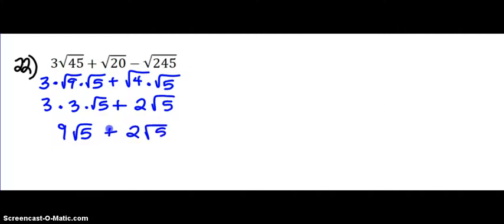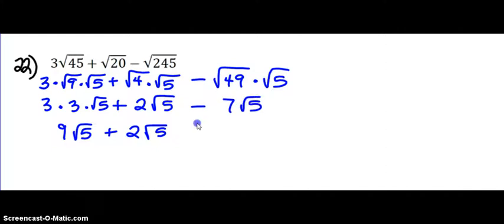So notice how we have now simplified these two terms so that they have a radicand of root 5. And finally, root 245. Perfect square factor of 49. So we have like terms all the way through. 9 plus 2 is 11. 11 minus 7 is 4. So our simplified answer is 4 root 5.